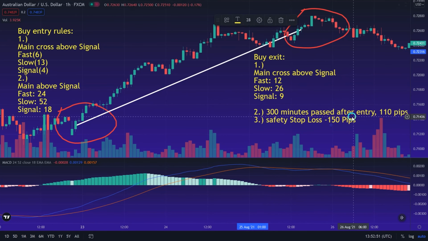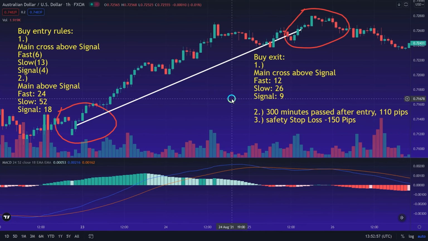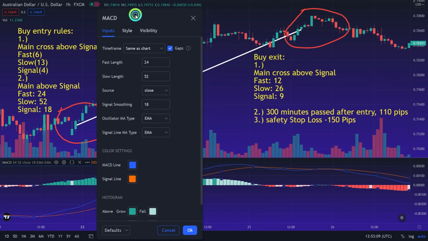And this is the way you will be profitable, if you prepare for the absolute worst scenario, and then you expect growth, of course, but with the good mindset. So these are the rules.